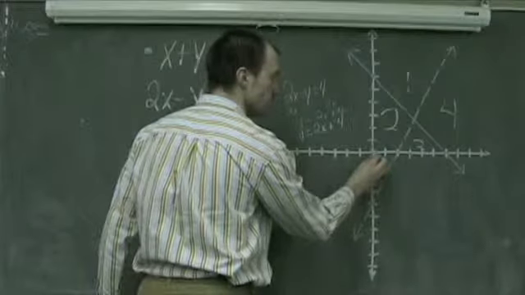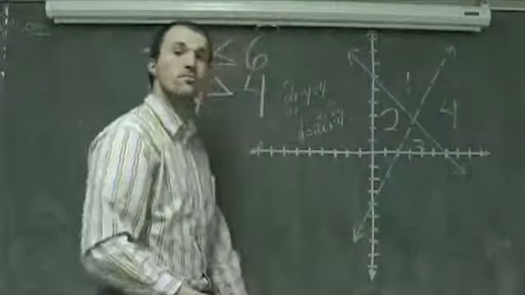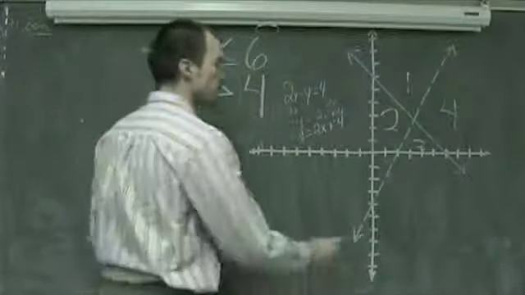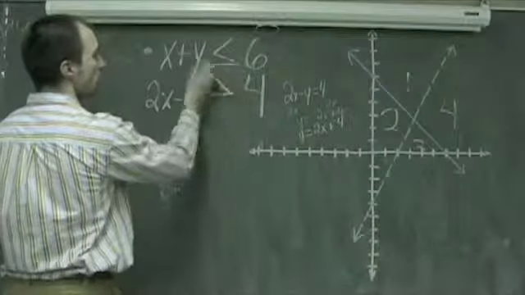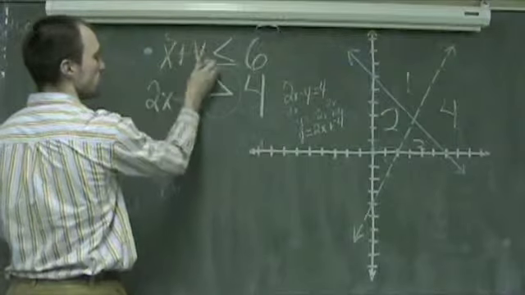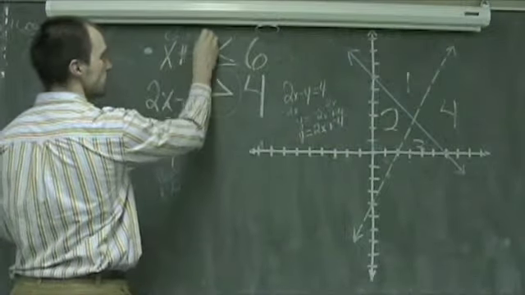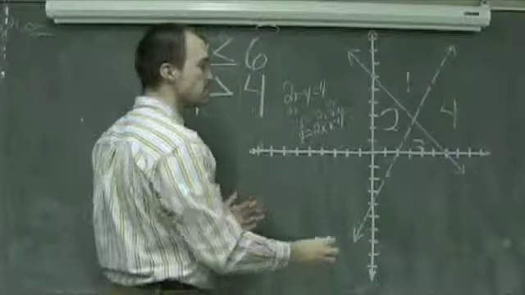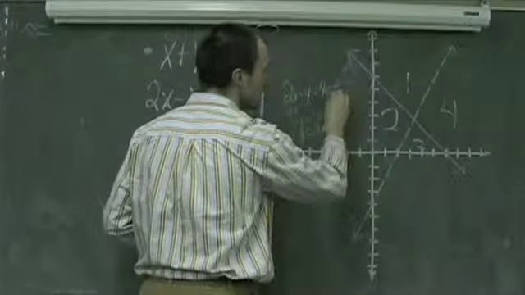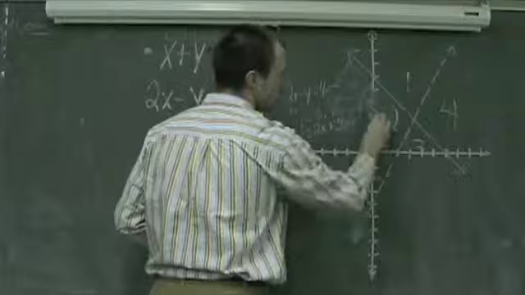Here's the origin, and I love to test at the origin, so I'm going to test there. This has the point (0, 0). I'm going to check: is 0 plus 0 less than or equal to 6? Yes, it is, which means that this region would be shaded in blue.